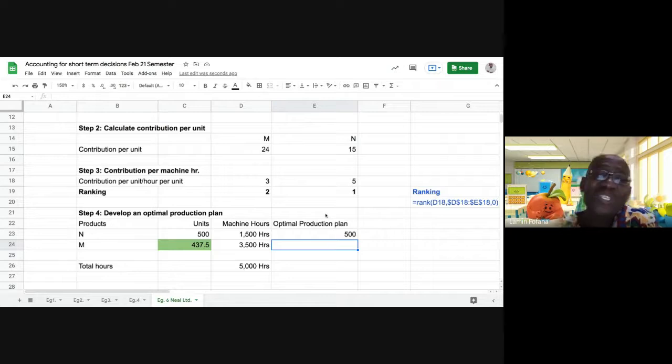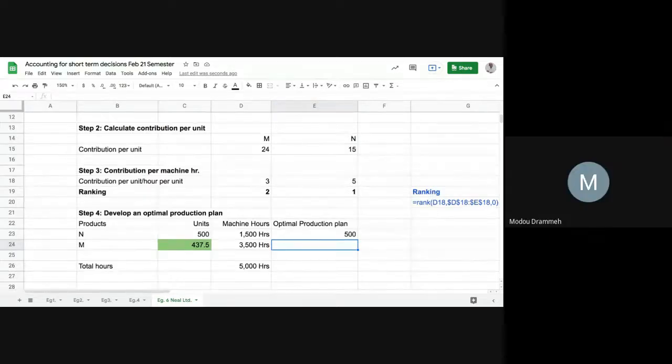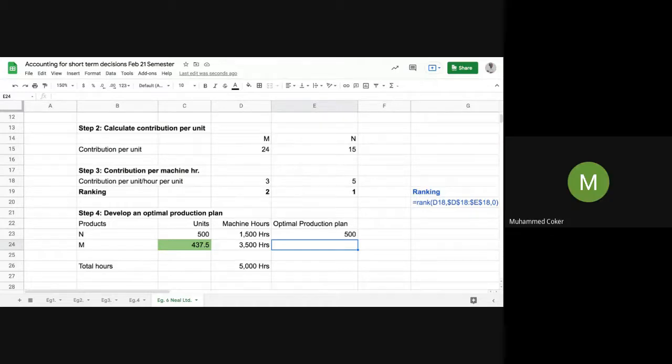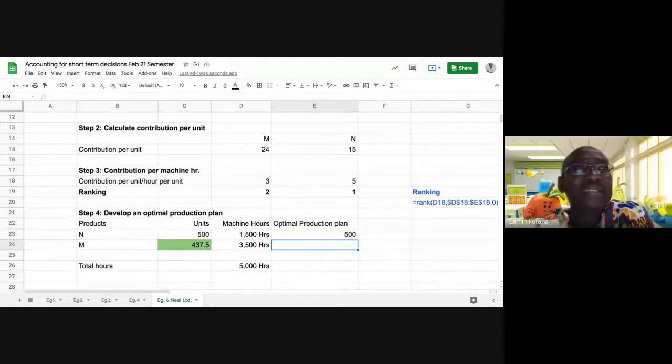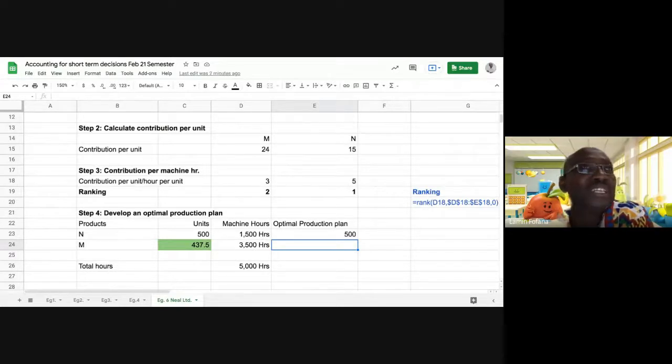So now, how many units of M are we going to produce? 437. Why not 438? You cannot produce half, and if you say 438, you don't even have the resources to produce 438, because it's less than 438.